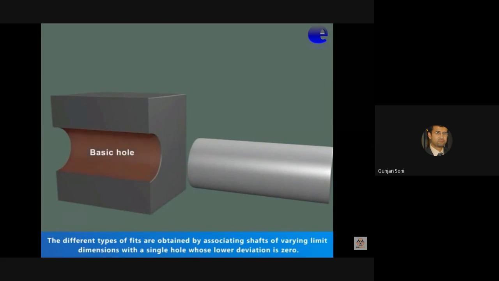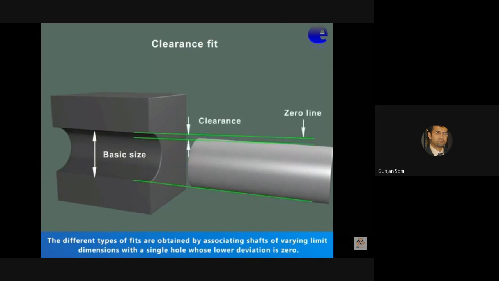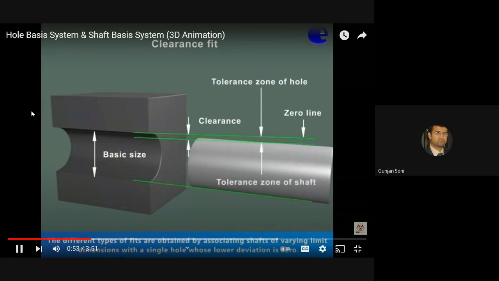Consider a basic hole. Clearance shaft. Clearance fit. Basic size. Clearance. 0 line. Tolerance zone of hole. Tolerance zone of shaft.